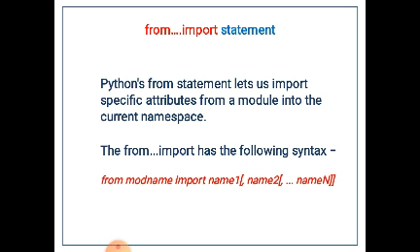We can see the from import syntax on the screen, given in the red lines at the bottom of the screen. from name of the module import name1, name2, and so on, namen.